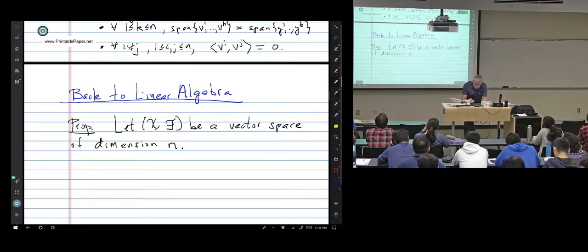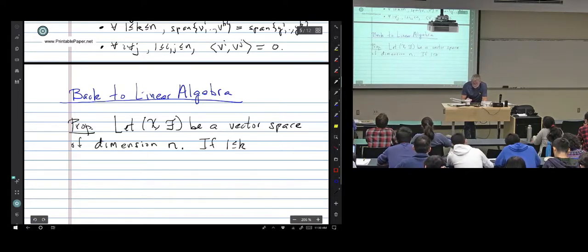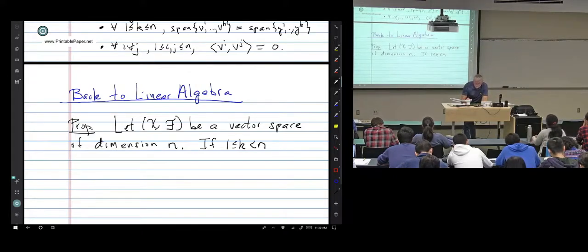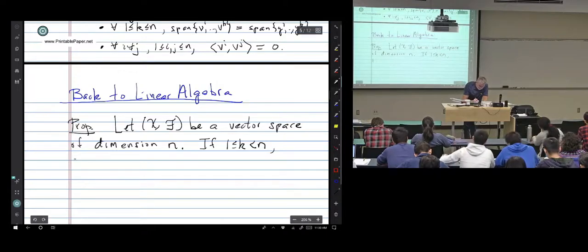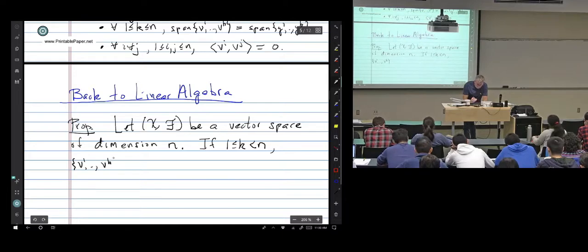If k is at least equal to 1 and strictly less than n, and I have a set of vectors v1 to vk.